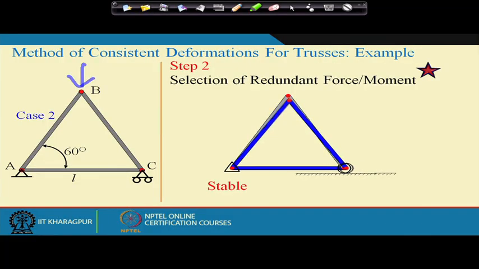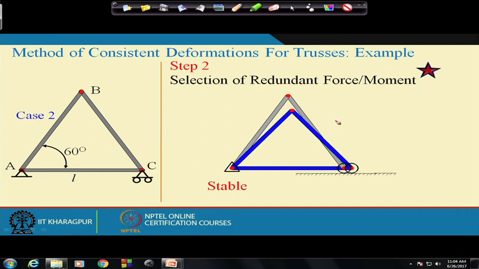In a stable configuration, you take any force as redundant force, but the primary structure after removing the redundant force, allowing deflection in the corresponding direction, should be statically determinate and stable. So case 2 is the possible case.